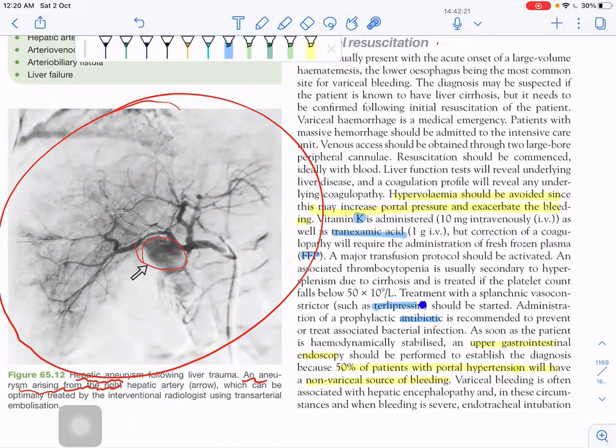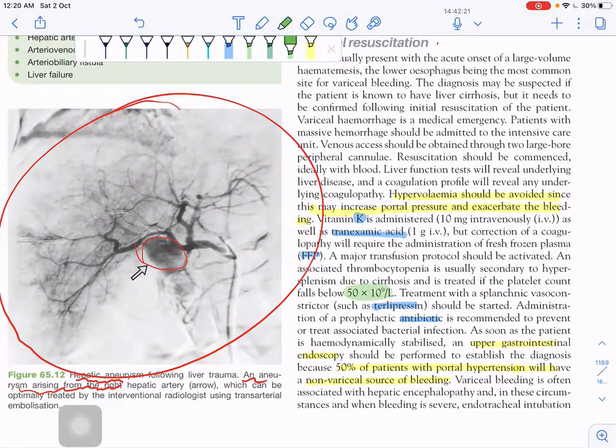Treatment with a splanchnic vasoconstrictor, terlipressin, should be started. Associated thrombocytopenia is usually secondary to hypersplenism due to cirrhosis, and it is treated if the platelet count falls below 50 into 10 power 9 per liter.